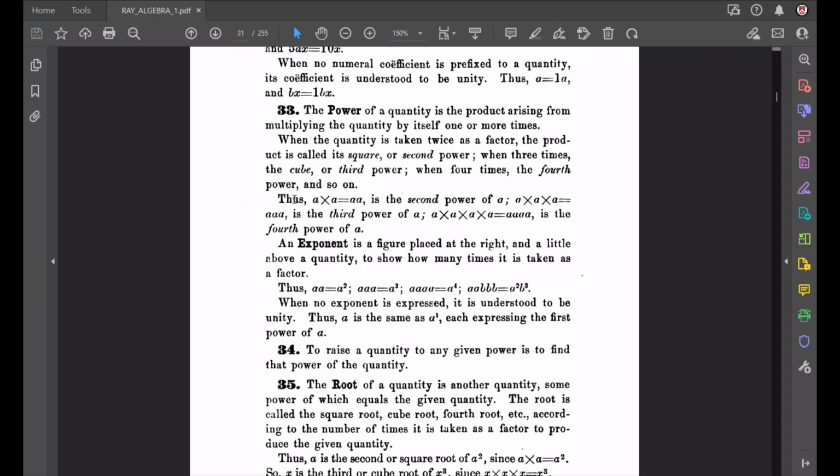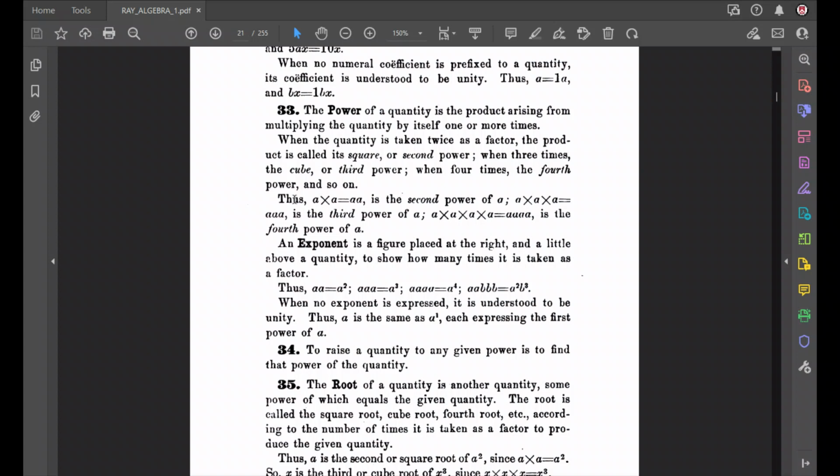If I say, find the third power of 3, I mean find the product of 3 times 3 times 3. Find the power. Okay? Find the second power, find the third power, and so on. This is the language of algebra.